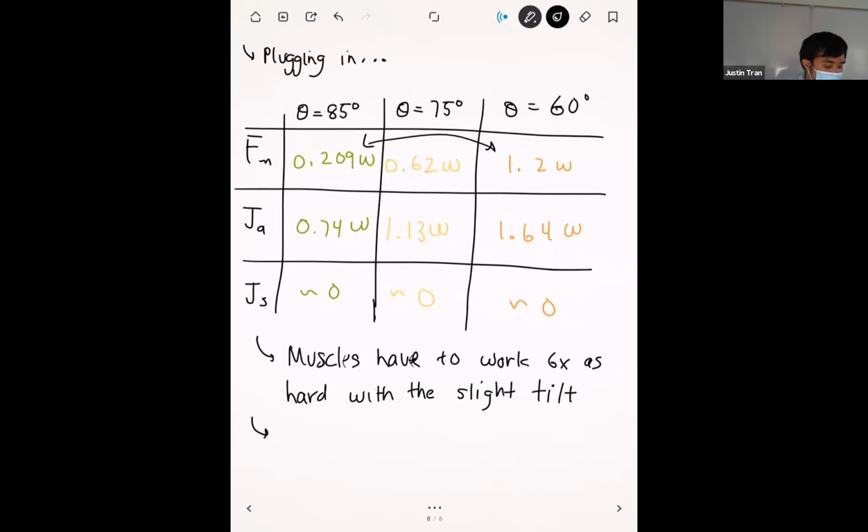And in terms of the force that you're putting on your joints, you're increasing that by a factor of about 2. A little bit more than 2x.